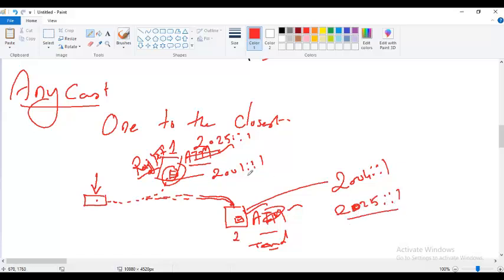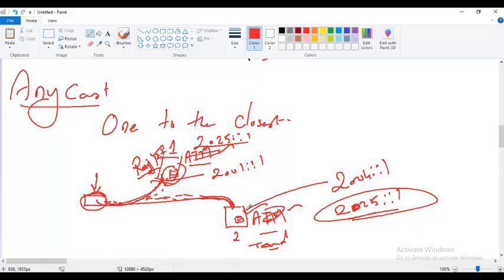So your routing table will show you the nearest one. It will always show the nearest one, no? Routing table. When this goes down, your routing table will show the next nearest for this 2005::1. That is why those addresses are called anycast addresses.